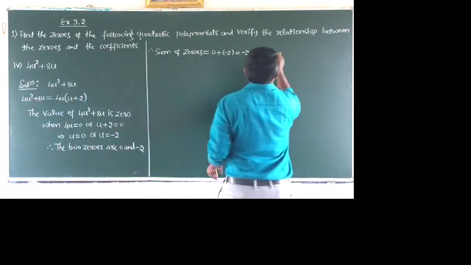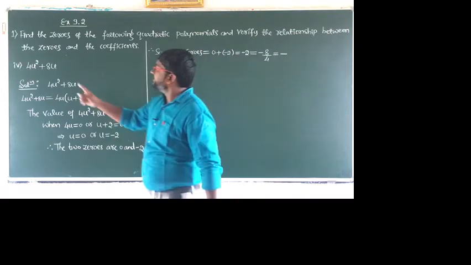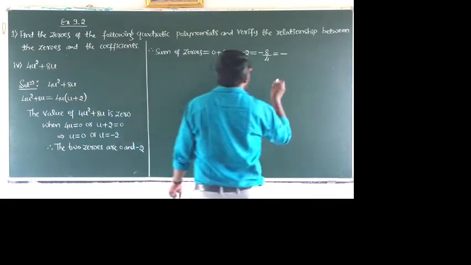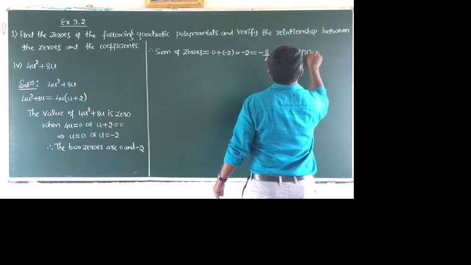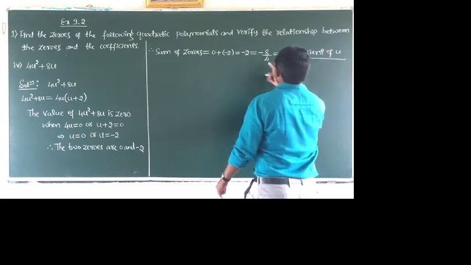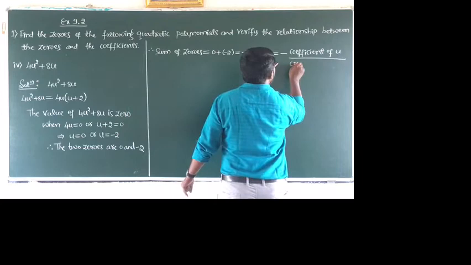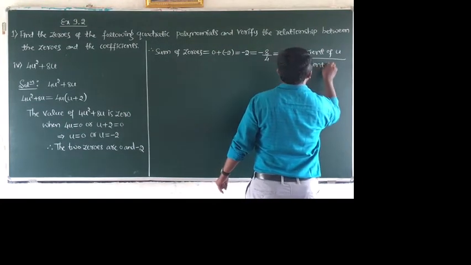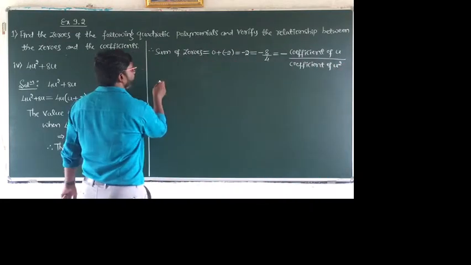So here I write minus as it is. Then what is 8 here? 8 is the coefficient of u. Here the variable is u. So I write it as coefficient of u divided by 4. What is 4 here? It is the coefficient of u square.